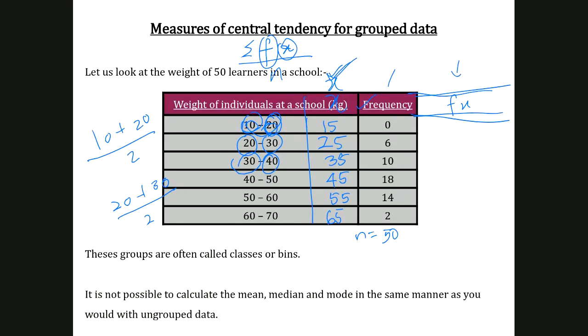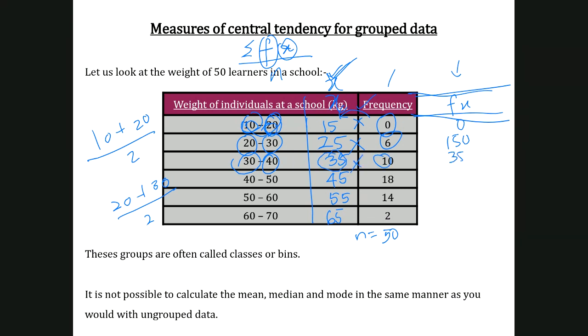So fx is saying take each frequency and multiply it by its respective midpoint. So basically 15 times 0 is 0. The next one is 6 multiplied by 25, which is 150. Then 10 multiplied by 35 is 350.